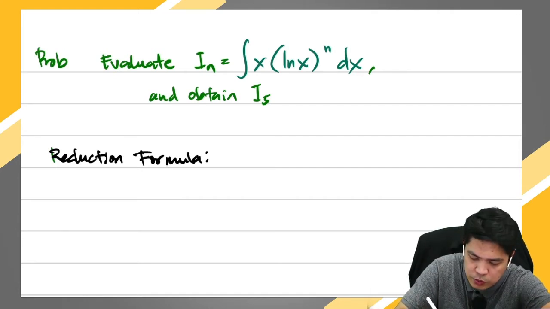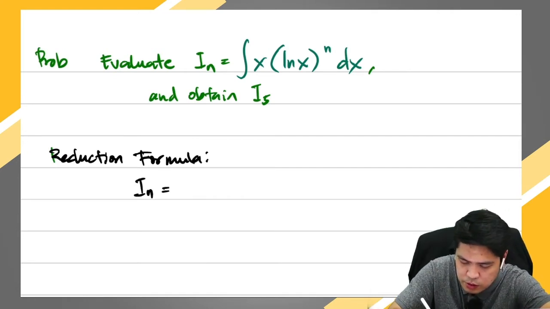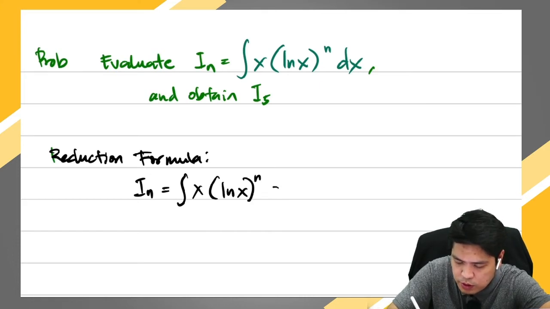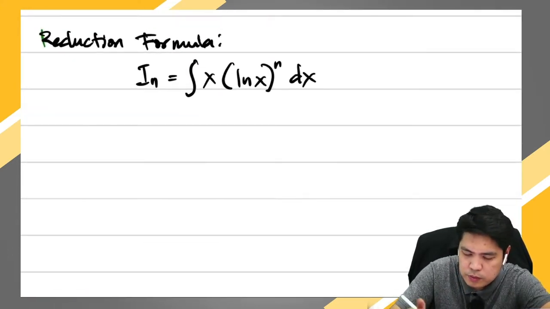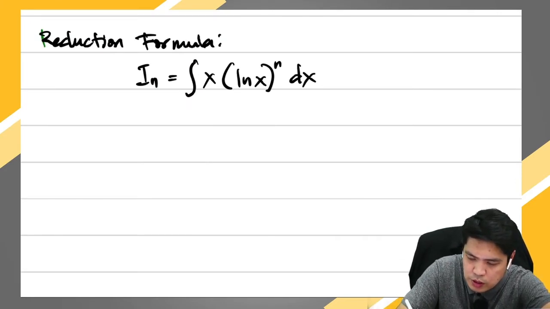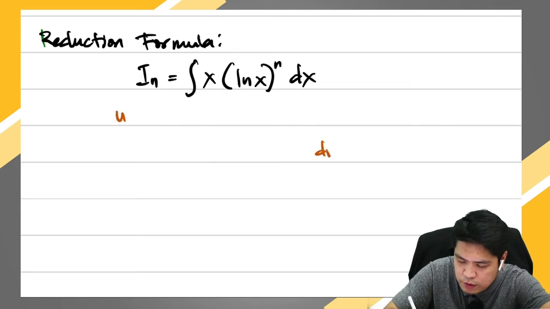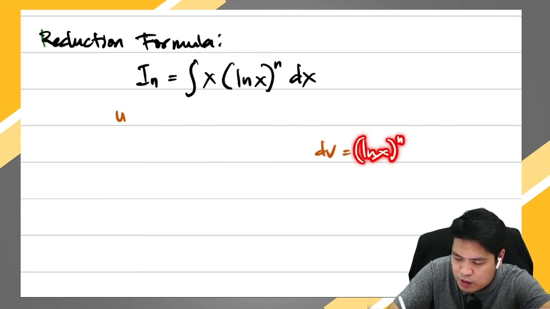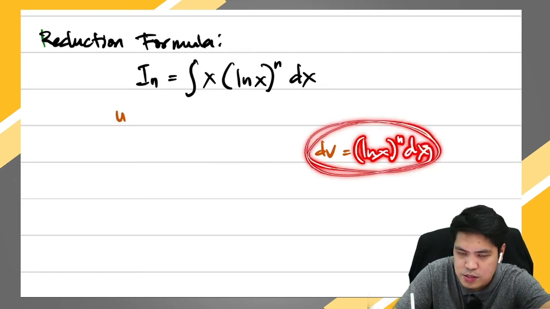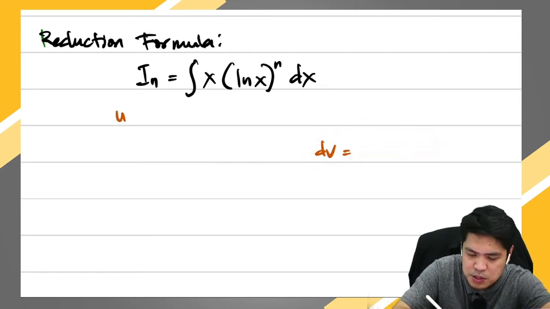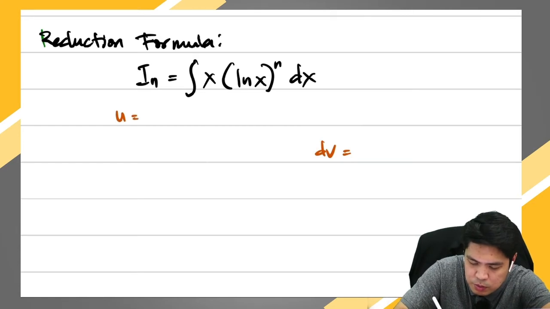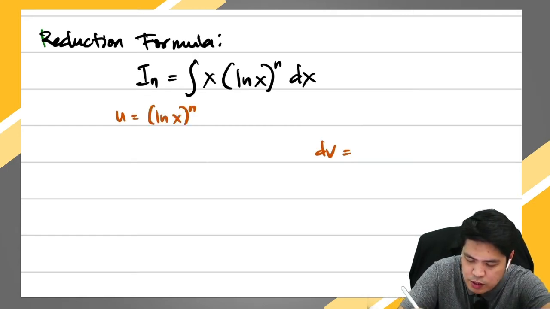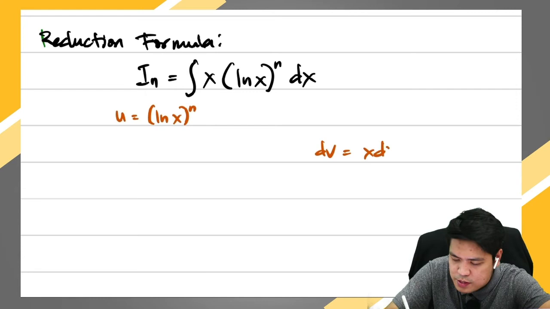We start with I sub n equal to the integral of x times ln x raised to n dx. Now, we use integration by parts. We start by identifying u and dv. We cannot use dv as ln x raised to n dx because we cannot integrate this immediately, it's difficult. Therefore u will be ln x raised to n, and dv would be x dx.